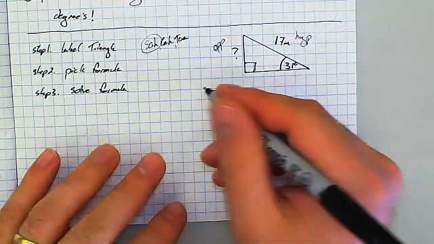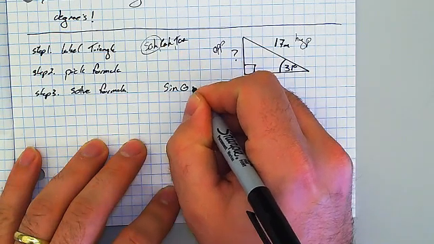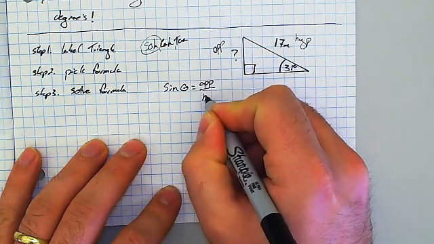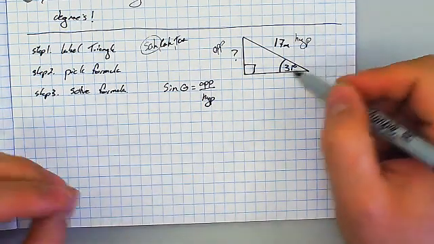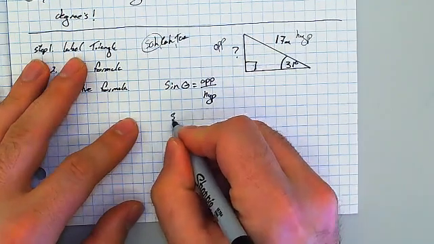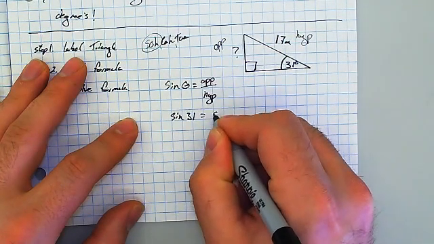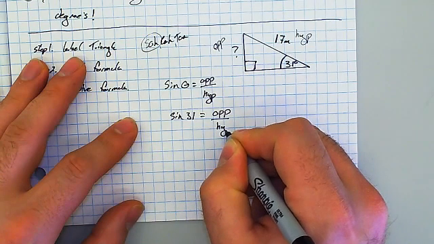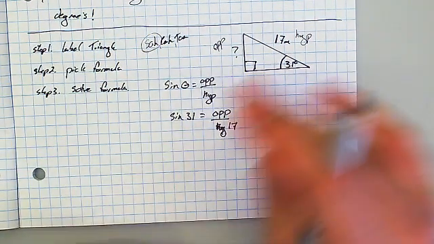We're then going to solve the formula. You first start by writing it out. So sine theta equals our opposite divided by the hypotenuse. Once we've written it out, we fill it in with the information we know. Sine of 31 equals the opposite divided by the hypotenuse, which is 17.